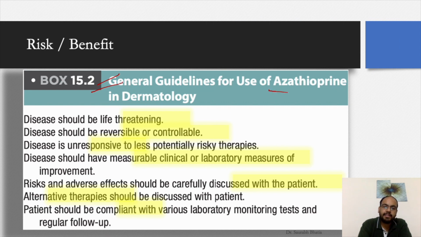In the context of azathioprine, we should always look that the disease should be life-threatening. That means you have to treat it. The disease should be reversible or controllable. Do not use any immunosuppressive drugs when you know it is not going to have any major effect. It is unresponsive to potentially less toxic therapies.